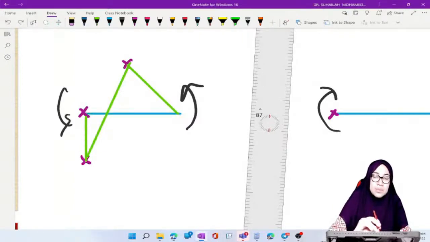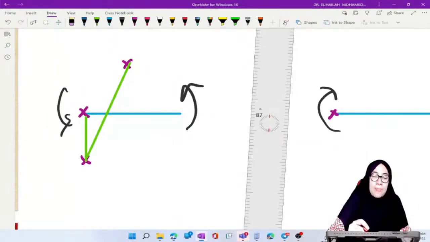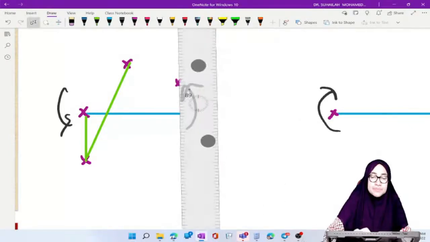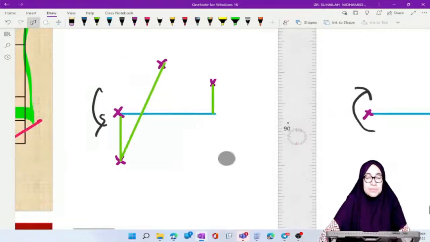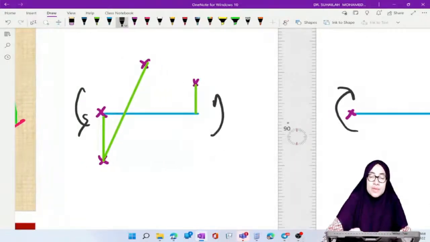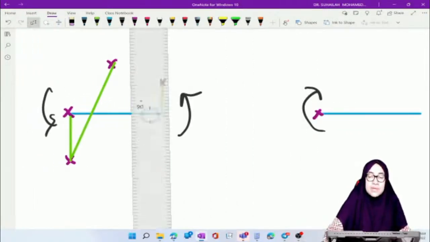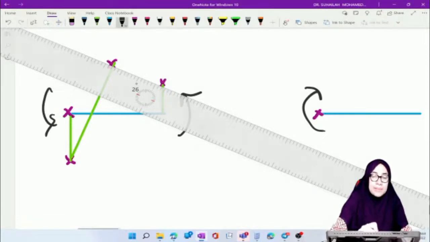The last will be somewhere here, because from the arrow that we get, it is negative, negative, like this. So this will be the bending moment diagram.